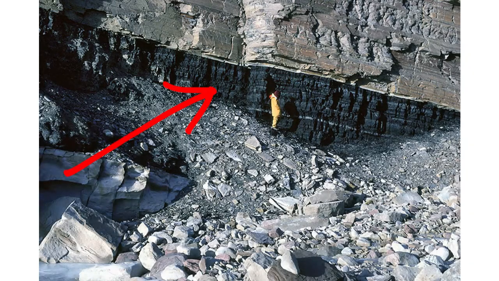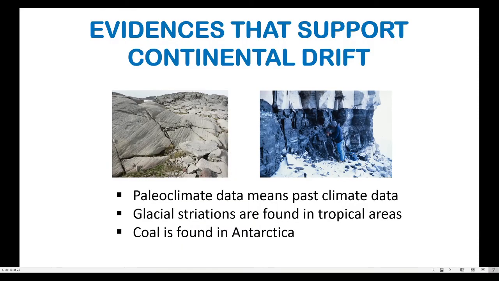there were plants in Antarctica. However, the present climate of Antarctica cannot support plant life because it is very cold there. So basically, this coal came from plants, and these plants once lived in Antarctica because Antarctica was not in the place that it is now.